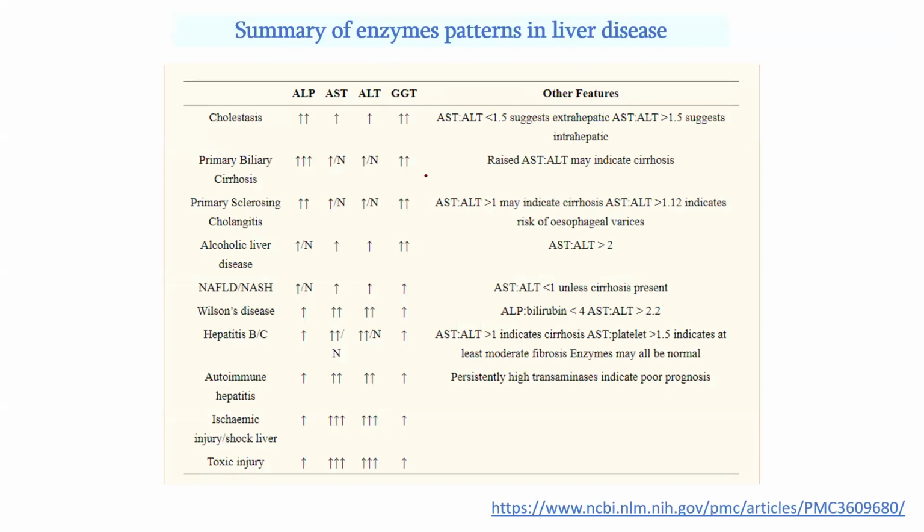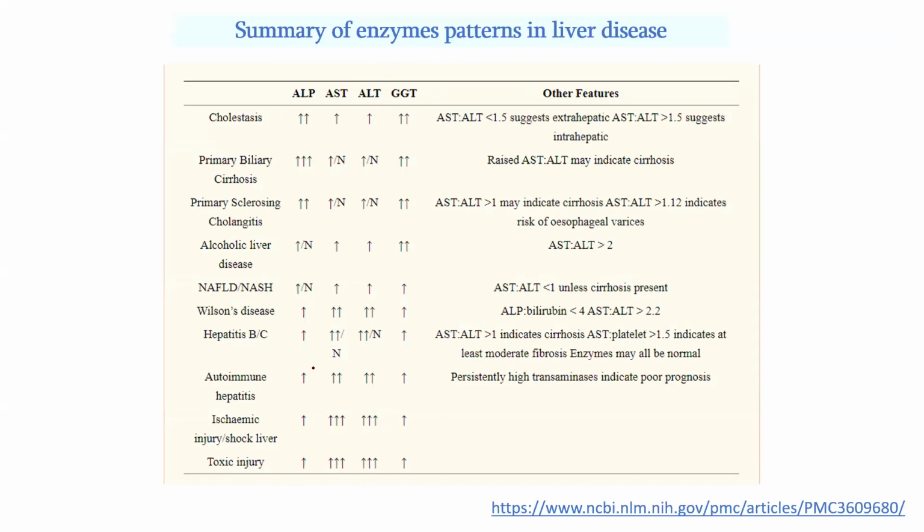A summary of enzyme patterns is given here. If there is cholestatic problem, alkaline phosphatase and gamma-glutamyl transferase elevation is predominant, and markers of cytolysis, AST and ALT, are elevated slightly.